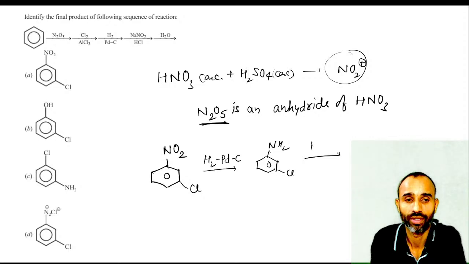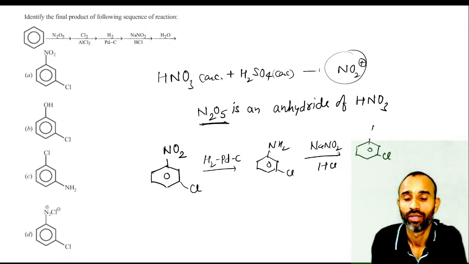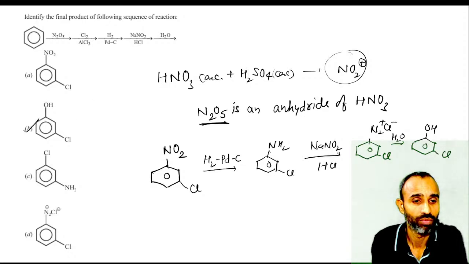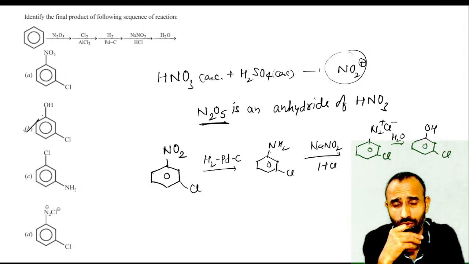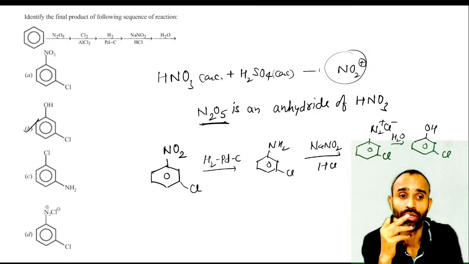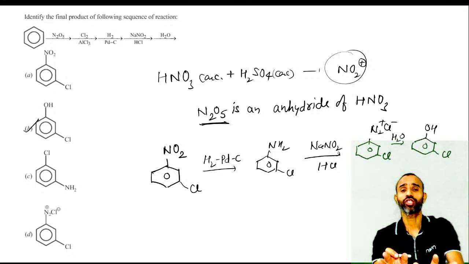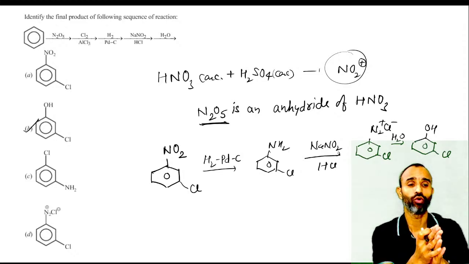Then NaNO2 and HCl again form a diazonium salt, and with water we get OH and Cl. That means option B should be correct. So, let us say you don't know the first step.